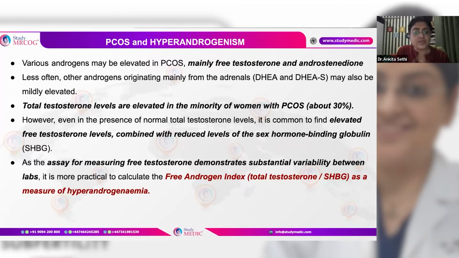However, in the presence of normal total testosterone level, it is common to find elevated free testosterone levels combined with reduced level of sex hormone binding globulin. As the assay for measuring free testosterone demonstrates substantial variability between the labs, it is more practical to calculate the free androgen index as a measure of hyperandrogenemia.